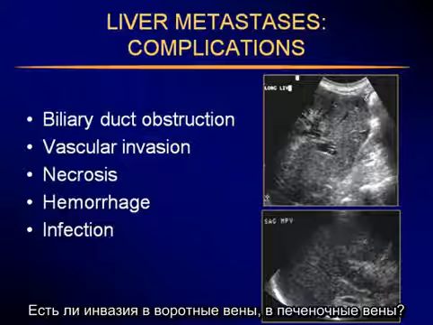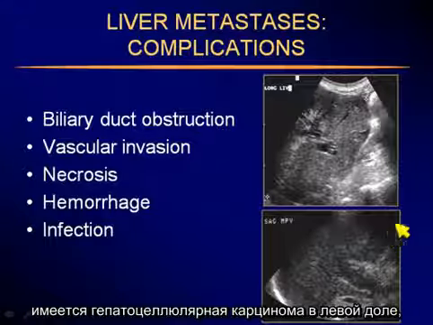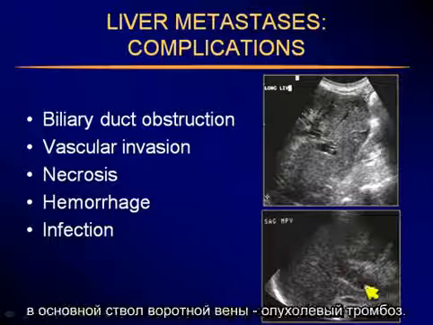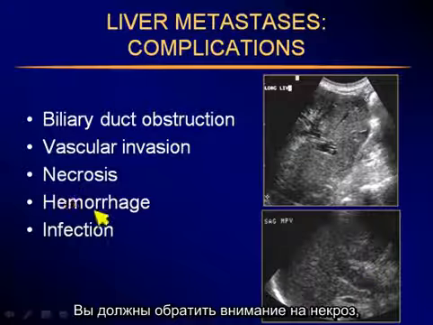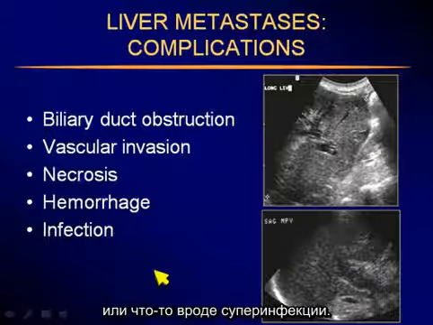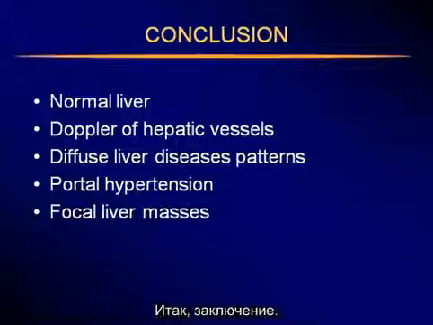Is there invasion of the portal vein? Is there invasion of hepatic veins? This is a patient who has hepatocellular carcinoma in the left lobe, and tumor has grown into the main portal vein, tumor thrombus. You should look for necrosis, maybe hemorrhage or some kind of superinfection. These are all possible complications of liver metastases.